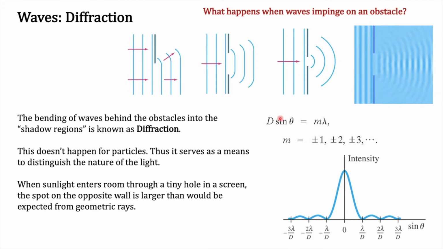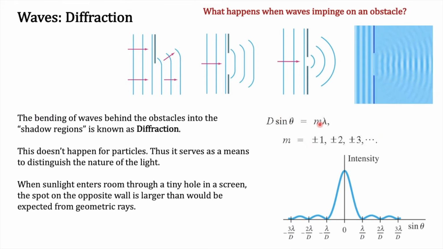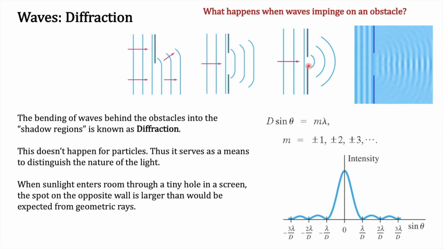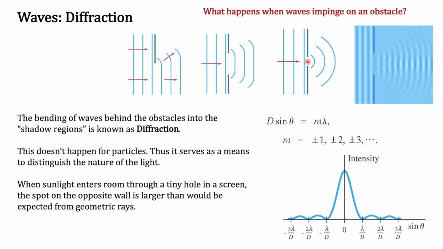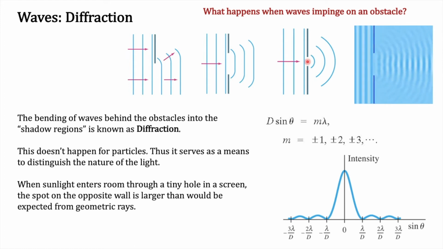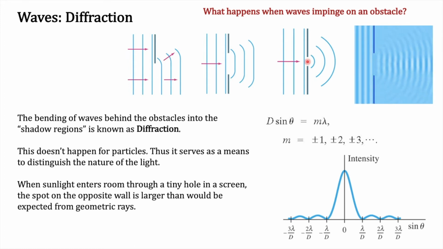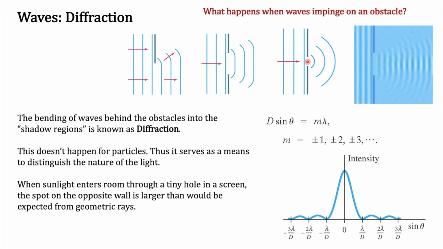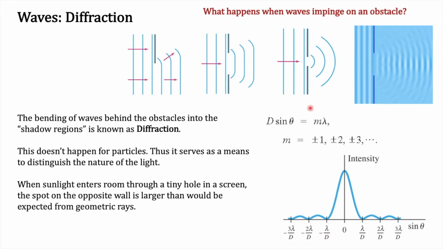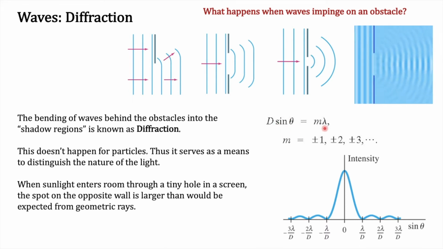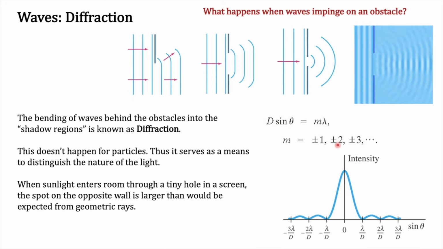In this case, d sine theta is m lambda. Here d is the slit width, while in the previous case that d was the difference in height, or the length between the two slits. Here it's the width of the slit. And that d sine theta is m lambda, where again m is integer.